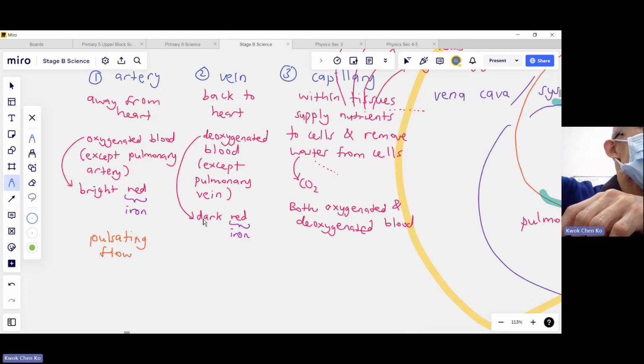Your heart contracts, your blood will push through the artery. Expand, it will pause for a while. Contract again, the blood will continue flowing. So it flows in pulses.